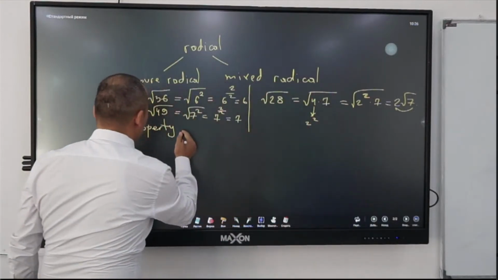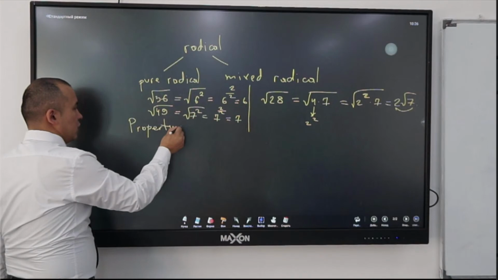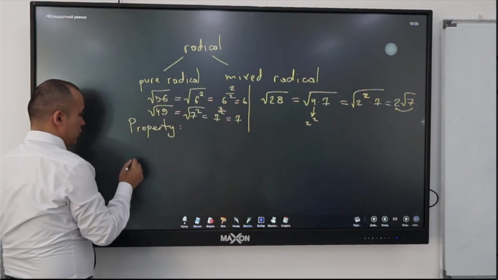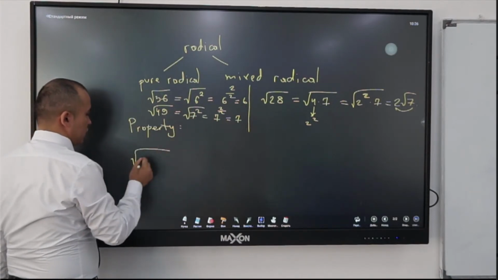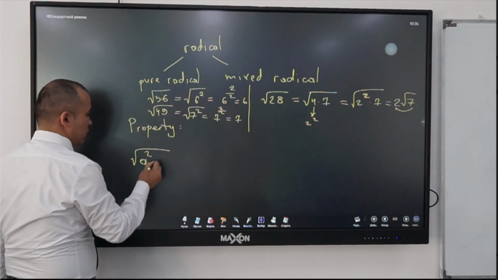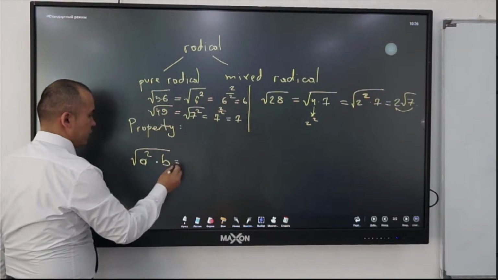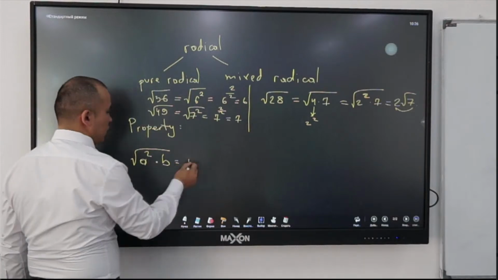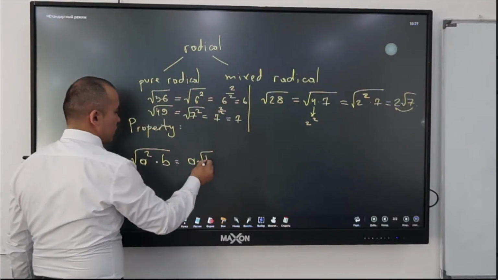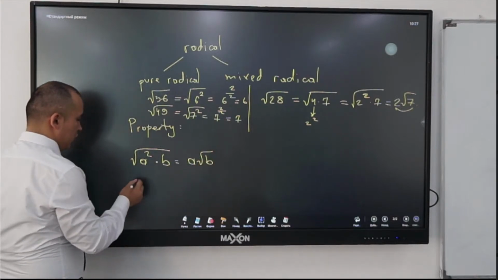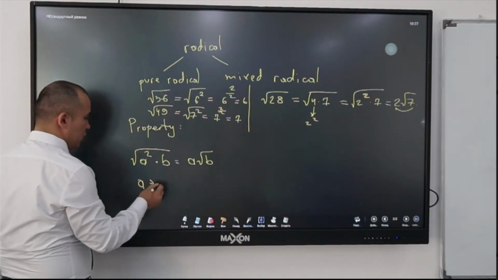Okay, property, for example, a squared times b. The root of a squared times b we can write like a times root b.